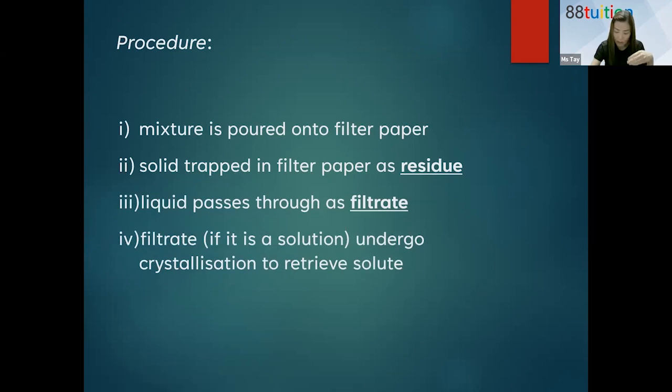That's an extra step to carry out if, let's say, we have a solution rather than just pure water, like, for example, sugar solution. Then we need to carry out crystallization. In the science lab, you commonly will be separating things like sand and copper sulfate, and sand with other mixtures. Sand is the one that you filter out. If you want to get back your copper sulfate, then of course you will need to carry out crystallization.